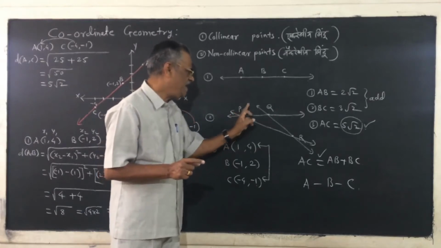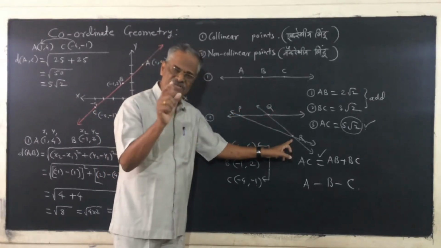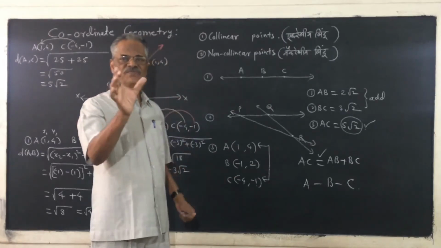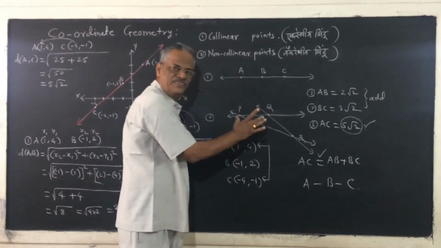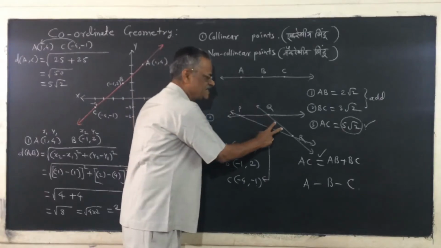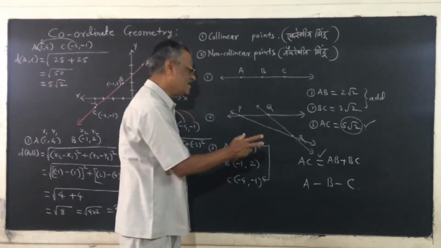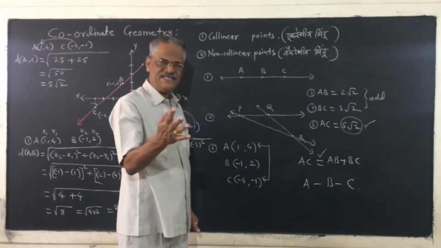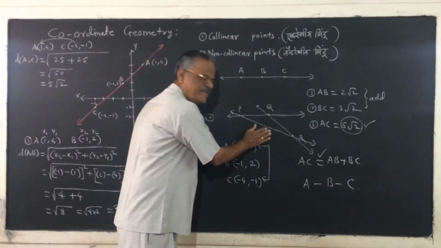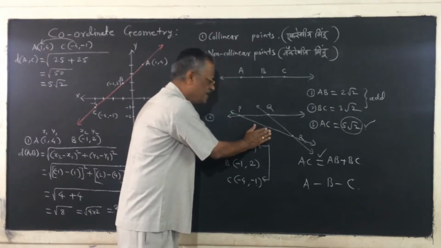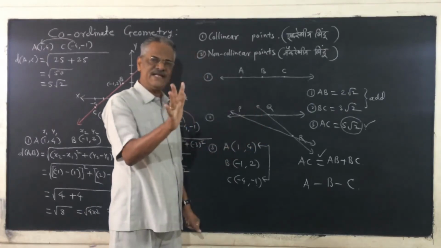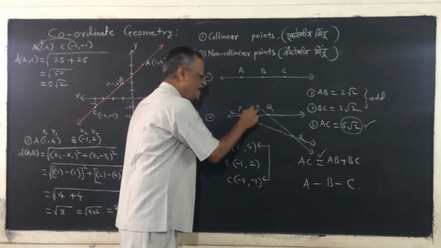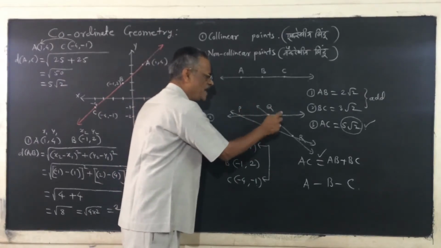So if P, Q, R, 3 points are given and coordinates are given, first we can calculate distance PQ, then distance QR, then distance PR, and whichever is the greatest, we have to keep it aside. Suppose PR distance is greater, then keep it aside and add the remaining distances PQ and QR.